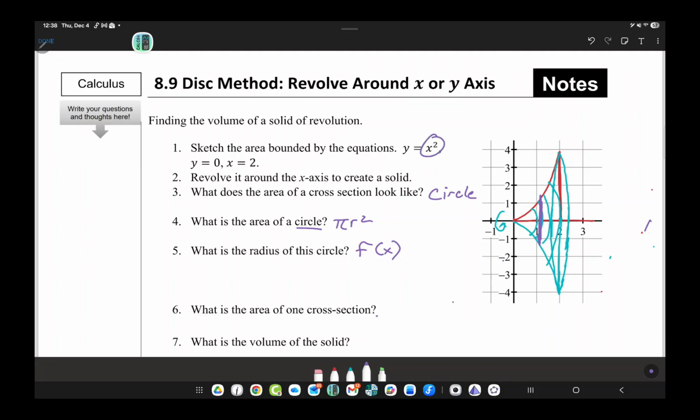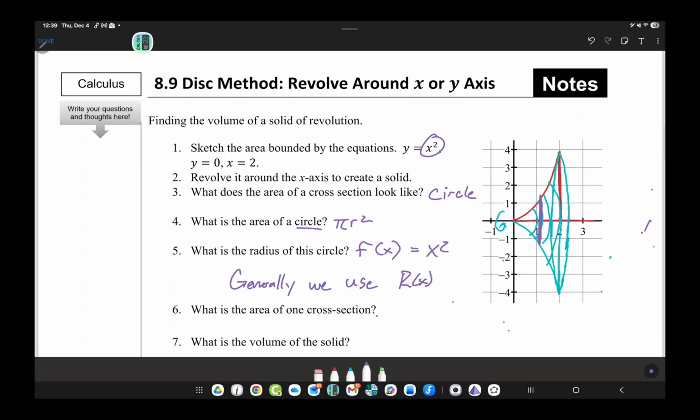Now, generally, we use r of x to represent a radius function. Does it make a difference? Really? No. So in this case, it is x squared. Now, what is the area of one cross section?